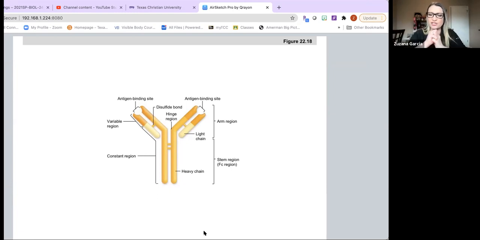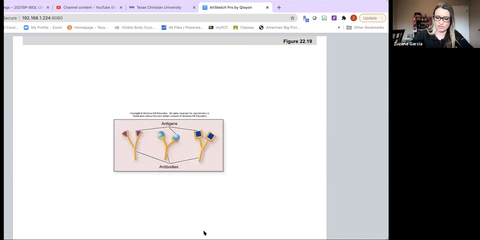The variable region is what is different between different antibodies, and that's why it's called variable region. Each is going to be able to bind to a different antigen. So this is a very simplified version of 3 different antigens and what that would look like. Of course, they're not little spheres and little triangles. They have slightly different shapes, but hopefully it gets the point across.